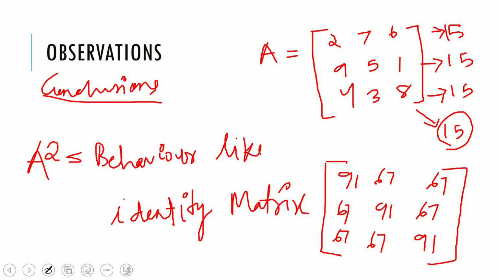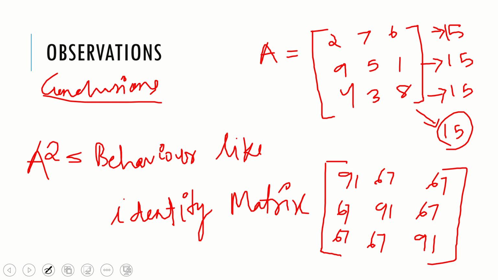The first conclusion is: the sum of the elements in a row or a column or a diagonal of a magic square matrix becomes reciprocated when we calculate the inverse of that magic square matrix.